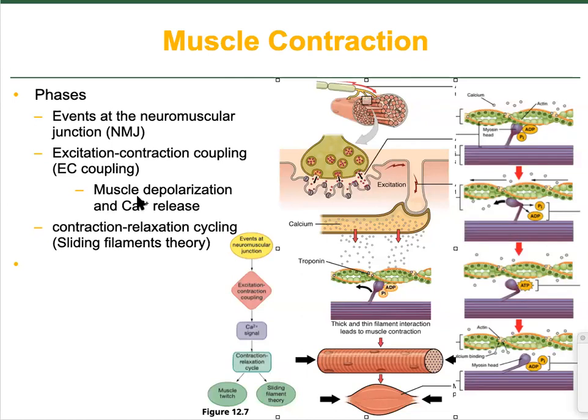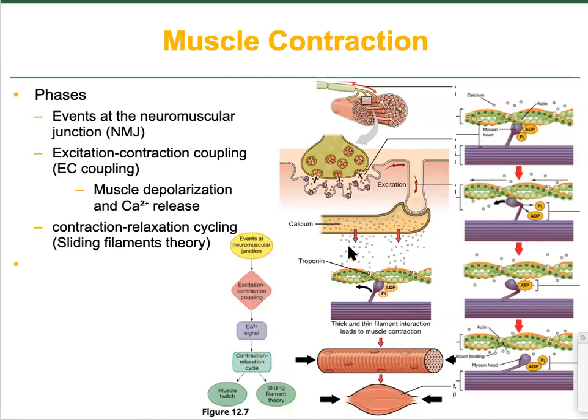This is where we enter the second phase, excitation-contraction coupling. In summary, EC coupling refers to the events where that depolarization spreads throughout the sarcolemma of the skeletal muscle, eventually leading to calcium release from intracellular stores, specifically the sarcoplasmic reticulum.